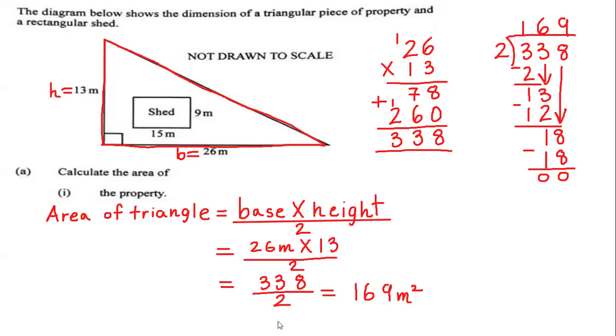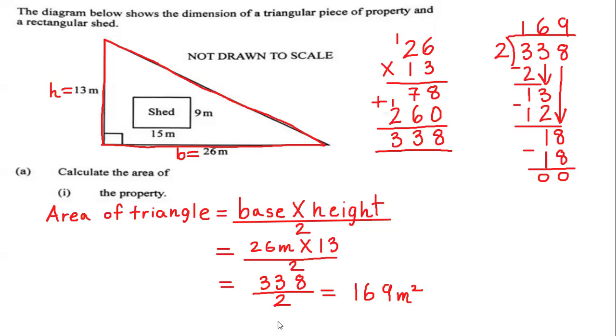Well, 338 divided by 2 gives us 169 meters to the power of 2, meters squared. How do you know it's meters squared?